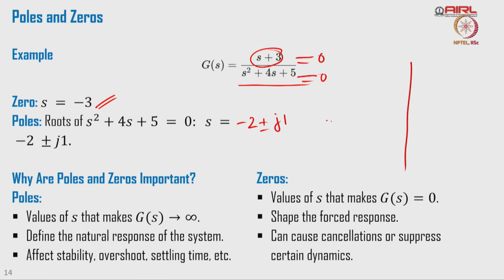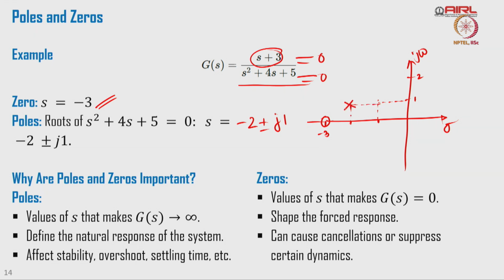When we draw it in the s plane, it is something like this, with sigma and j omega axes. We have a zero at s equal to minus 3, so this is minus 3 and we have a zero here. Now, we have two poles in the system, one is minus 2 plus j1, that means this location, minus 2 here.